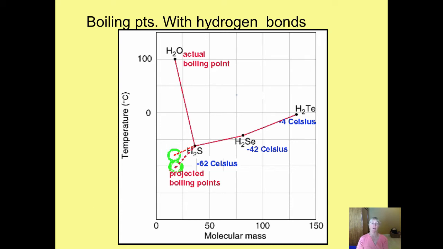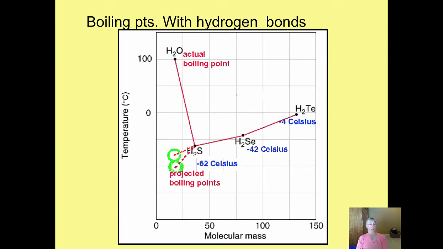You would think that they would have more intermolecular forces caused by bigger electron clouds. That's the London forces. And in fact, these three, the compounds made with sulfur, selenium, and tellurium, do exactly that. As you go down their column, yes, I know they're negative numbers, but the values for the boiling points get warmer and warmer because tellurium has more electrons than selenium does, which has more than sulfur does.